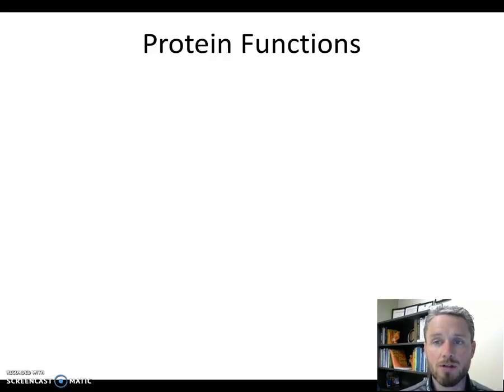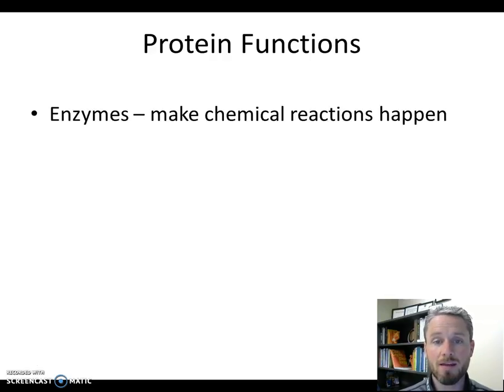So in general, proteins do a number of things. One thing they can do is act as an enzyme. Enzymes are proteins that make chemical reactions happen. So in biological organisms, we need all sorts of chemical reactions to happen. It's important that they happen fast so that biology can work, and enzymes perform that role for cells.